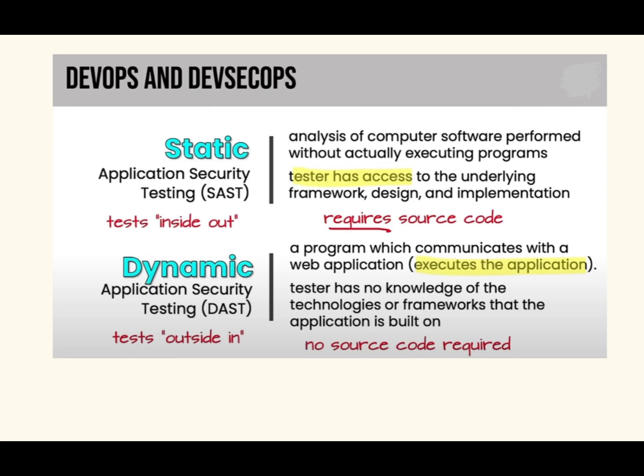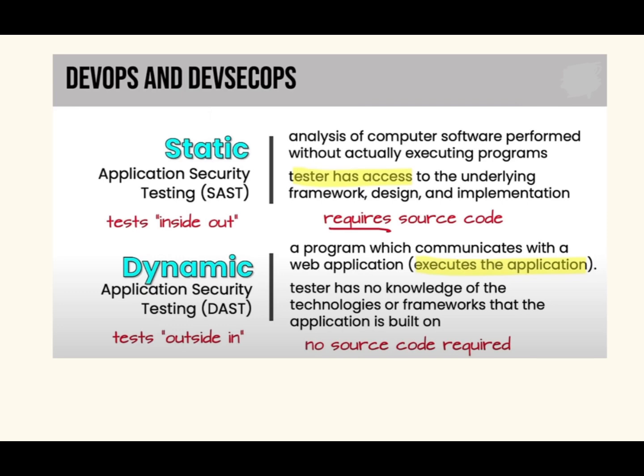Static application security testing, SAST, tests inside out. That means a tester has access to the code, design, and framework. Source code is required. The code is analyzed without executing the application.